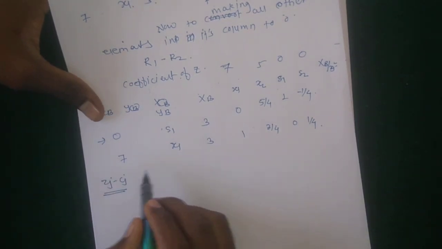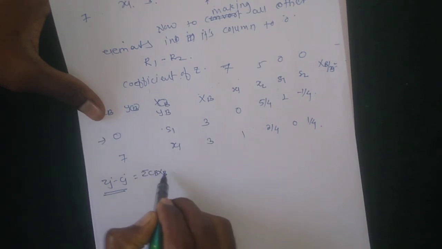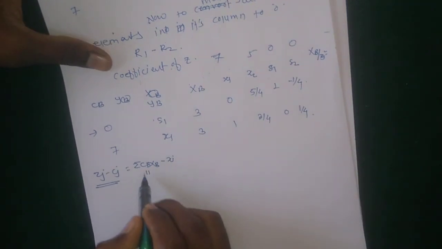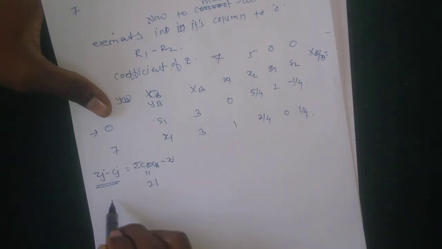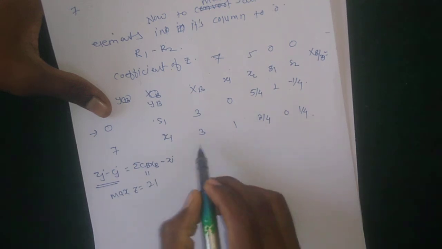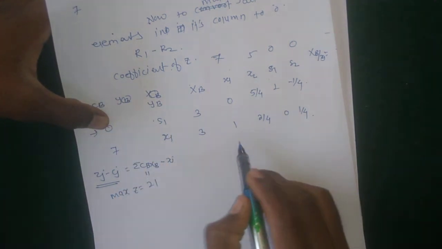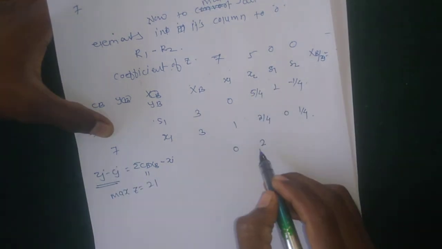Zj minus cj, how to calculate? Summation of cb xb minus cj. Okay, so summation of cb xb is 21, that is maximum z. This is maximum z is equal to 21 minus cj. How to calculate here? 7 minus 7, 0. Then 7 minus 5 is 2.